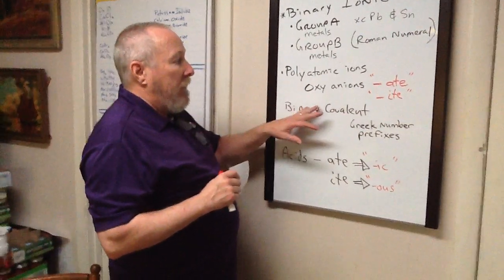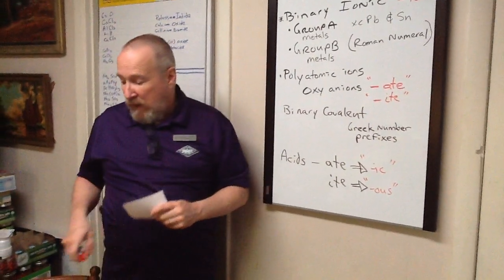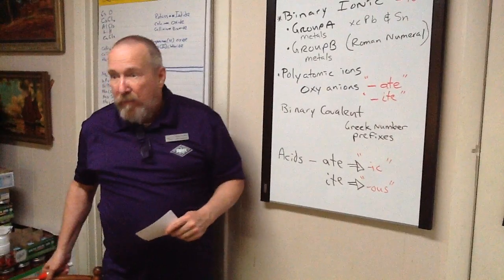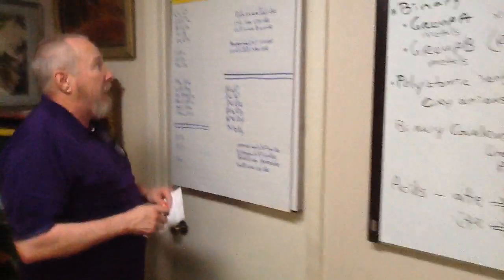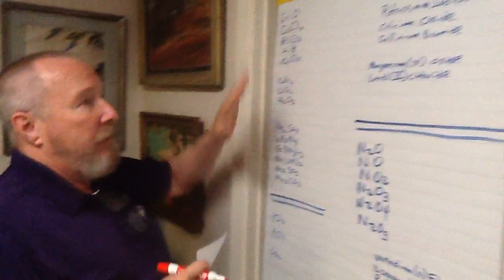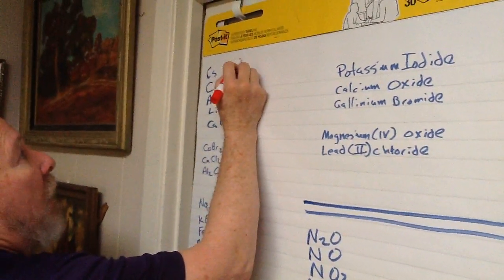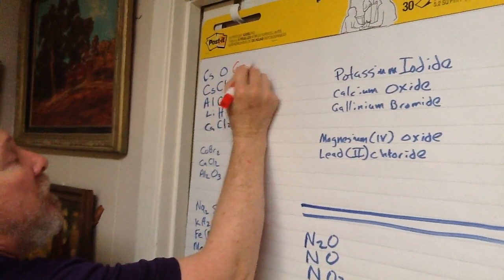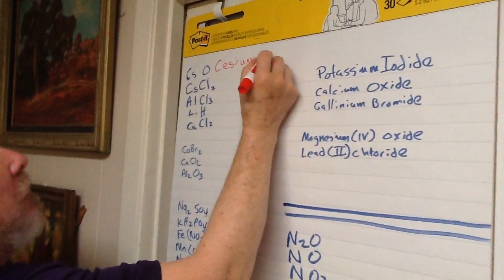So before we get to the covalent compounds, let's practice naming and learn by example some of the ionic compounds and name them. So I couldn't remember. I think I'm starting out wrong. I think it starts with cesium chloride, but I couldn't read my writing. So cesium plus oxygen would be cesium, there's an A in there if you're from England, cesium oxide.